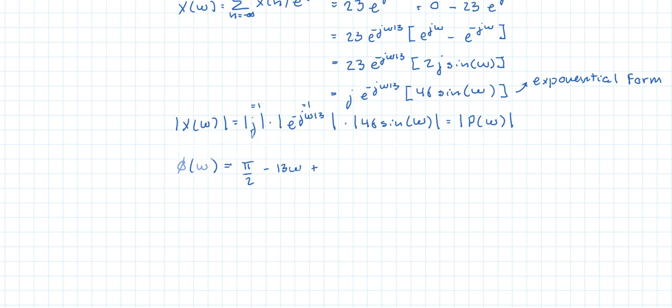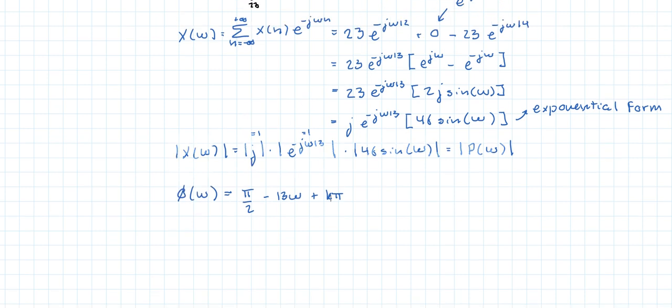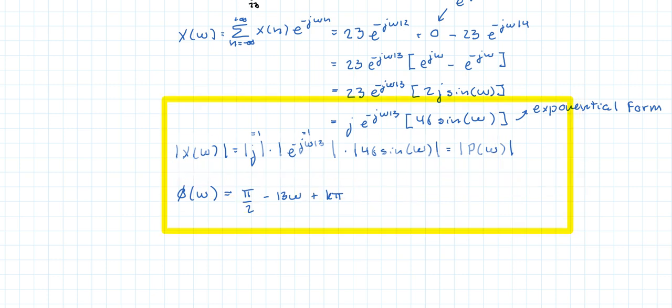And then we have plus k pi for the p omega term. And that's it. So let's highlight our answers, which is this over here.